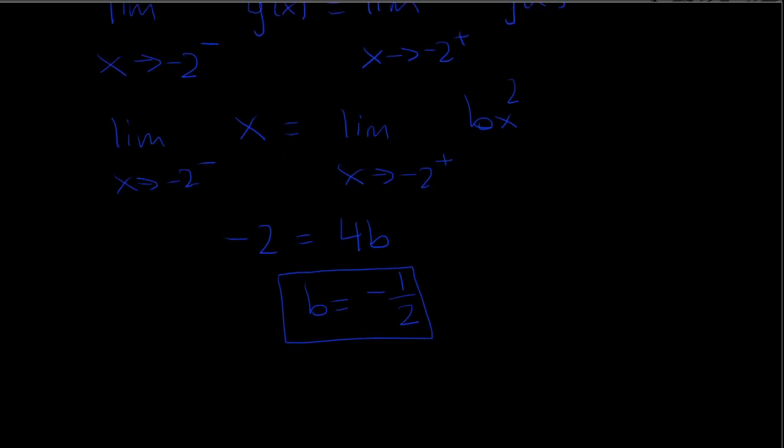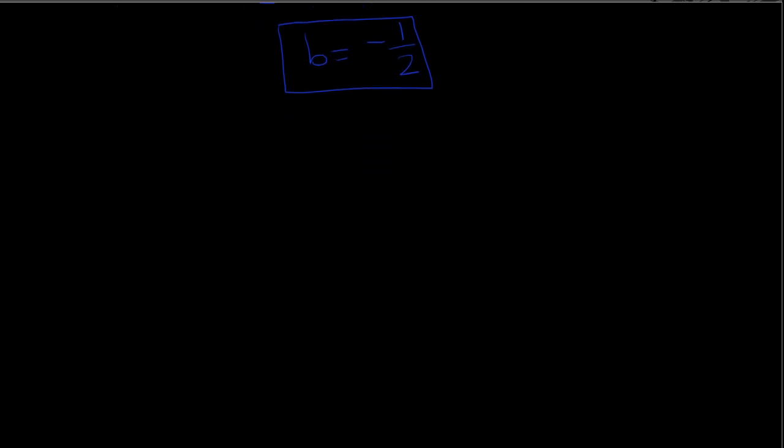Let's look at what this looks like. To the left of negative 2 is going to be the graph y equals x. So it's going to look something like that. And to the right of it is bx squared, which we said is negative 1/2 x squared.